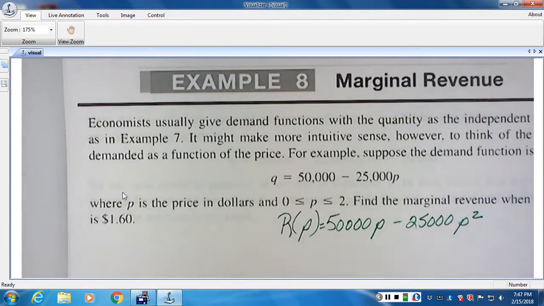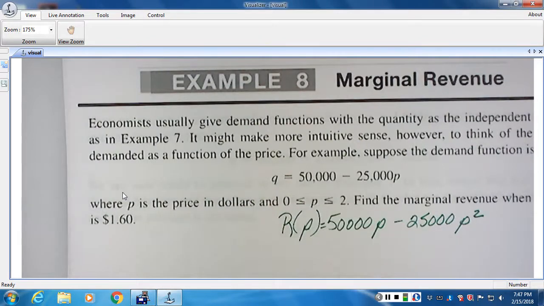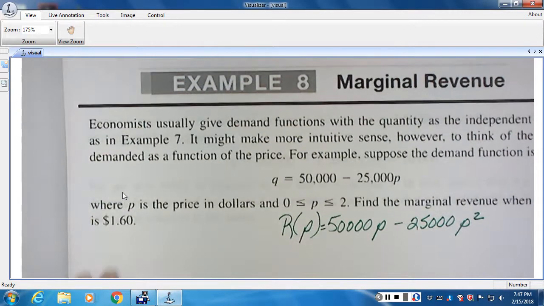We would have still gotten the same derivative. We would have still come out with the same price for the marginal revenue. We would have still come out with $1.60 per additional unit. Okay? So you can actually write those either way. So revenue can be a function of the price, but revenue can also be a function of the demand, because they're all interrelated.